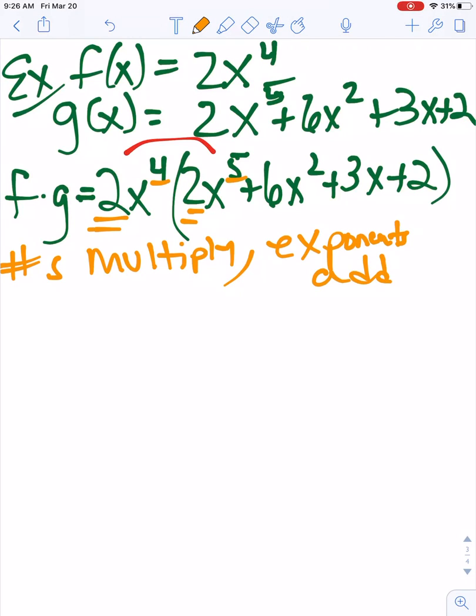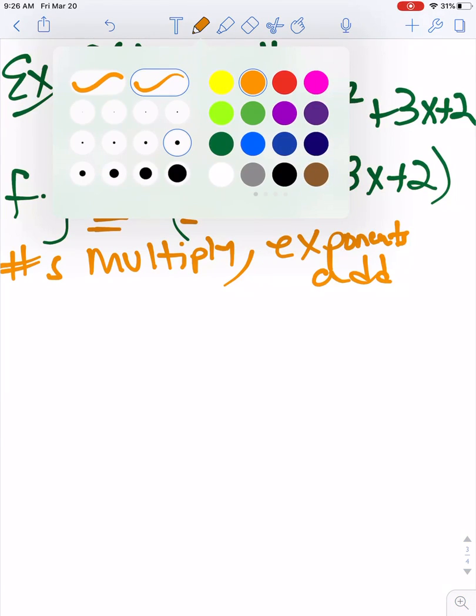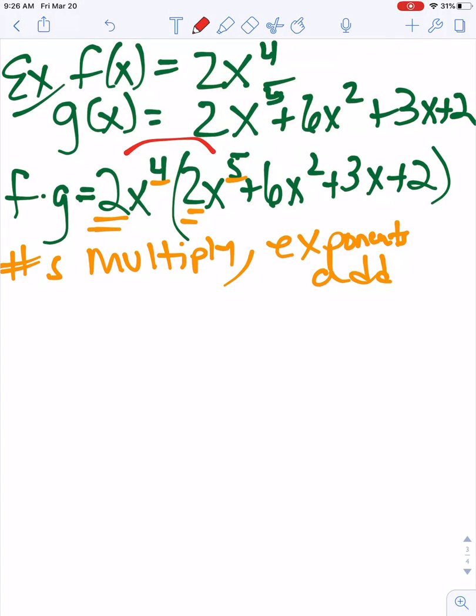So your big numbers, your coefficients, they multiply and your exponents add. So when we do this, we're going to get 2x to the 4th times 2x to the 5th. 2 times 2 gets me 4. x to the 4th times x to the 5th gets me x to the 9th, right? 4 plus 5 is 9.